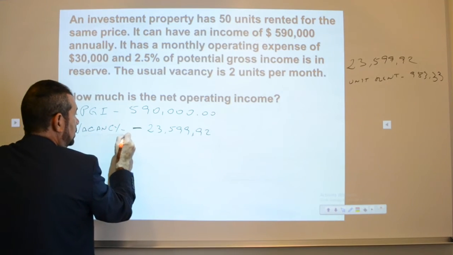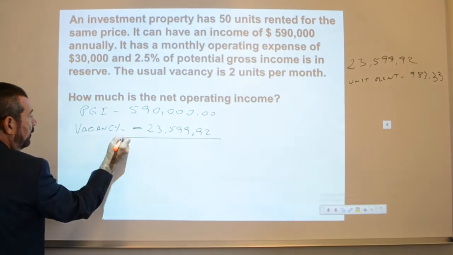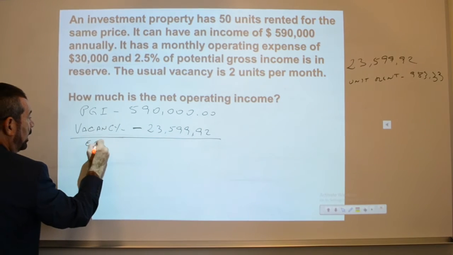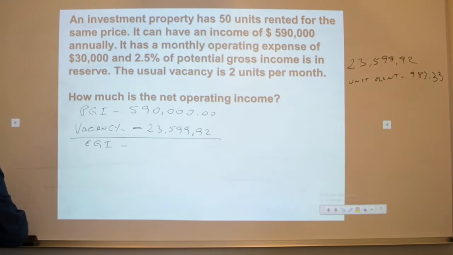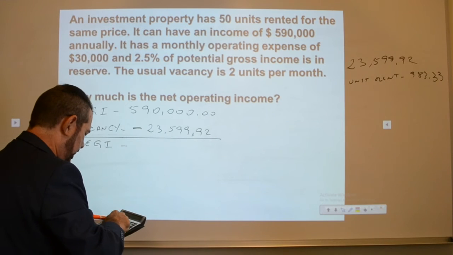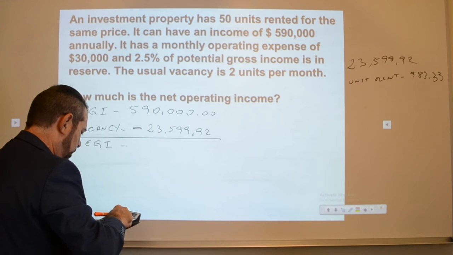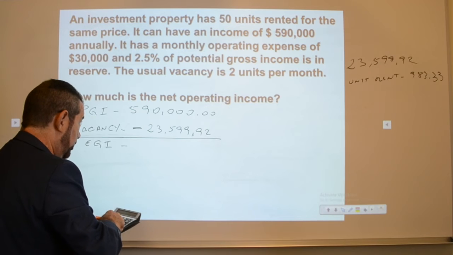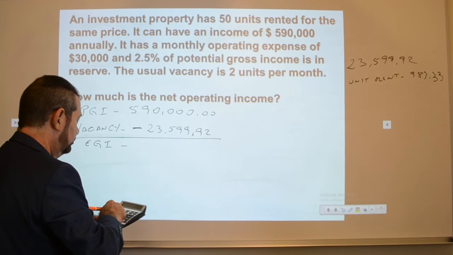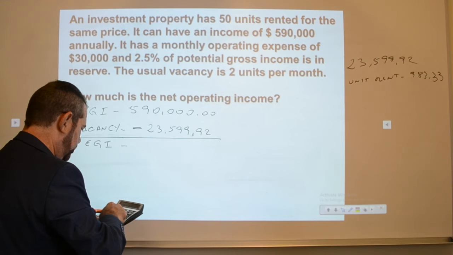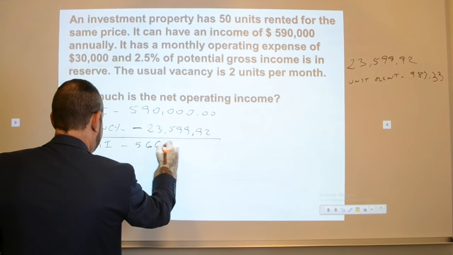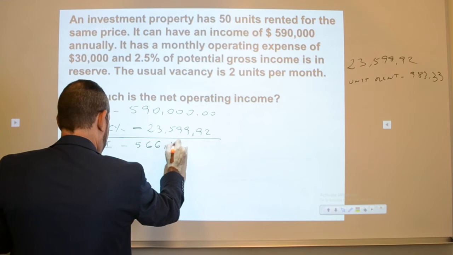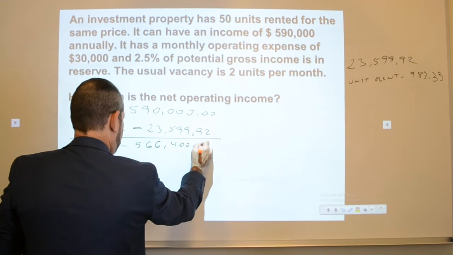Subtract it, and that's going to give me my effective gross income. Now, 590,000 minus 23,599.92 is $566,408.